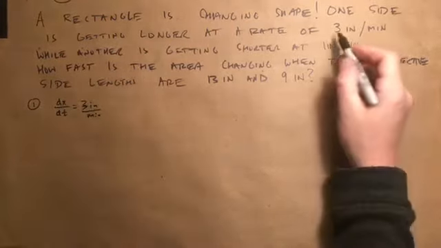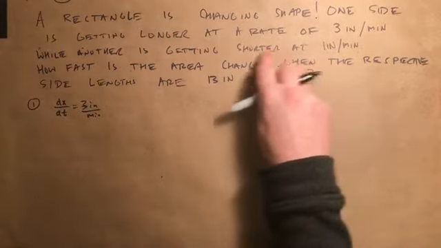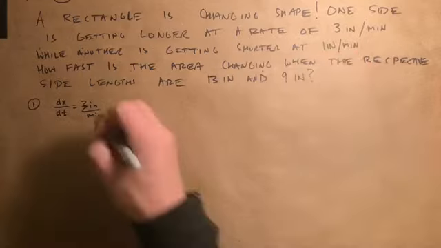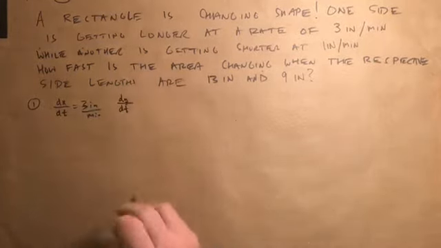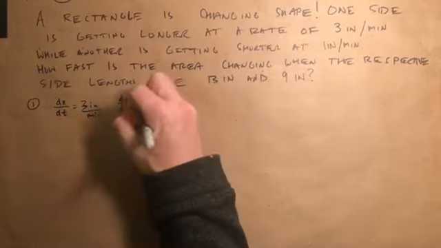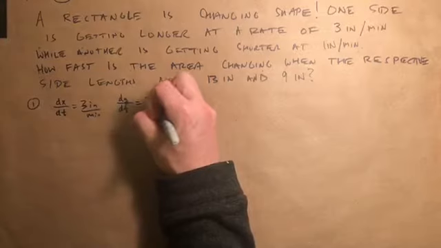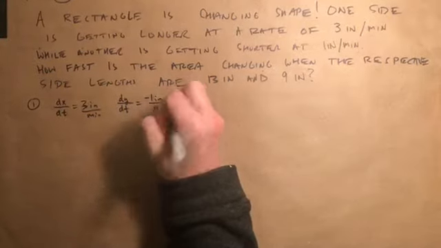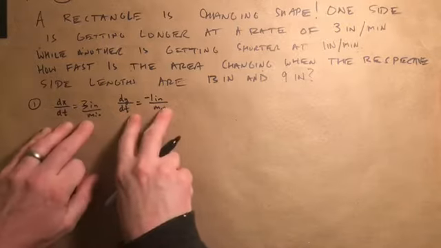I think it's pretty clear that that is a derivative. On the other hand, we have another side getting shorter at 1 inch per minute. And so I can call this one dy/dt. But I should take note that because the side is getting shorter, this is going to be a -1 inch per minute.